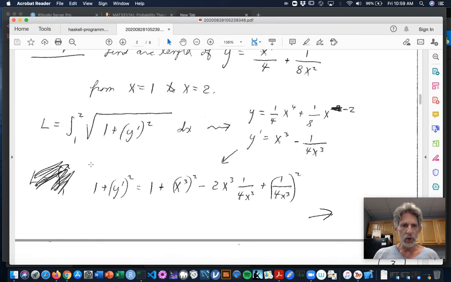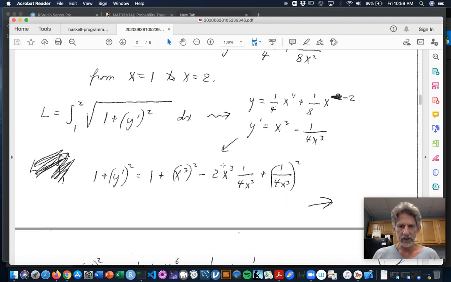Okay, now I need to do 1 plus that derivative squared. So I got 1 plus, and I'm just going to square out that derivative. So I get the first part squared minus 2 times the first part times the second part plus the second part squared. So I just FOILed it out.